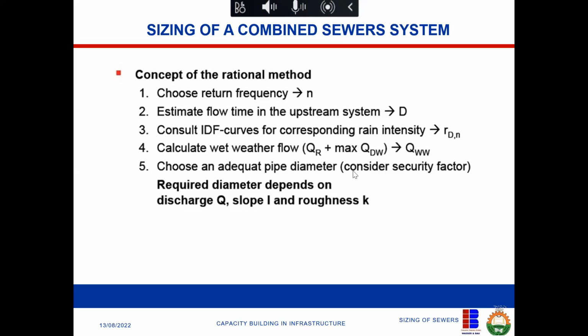The next thing, you calculate the wet water flow or dry water flow, as the case may be. Then you choose adequate pipe diameter. Consider security factor. So the required diameter depends on the roughness and the discharge.